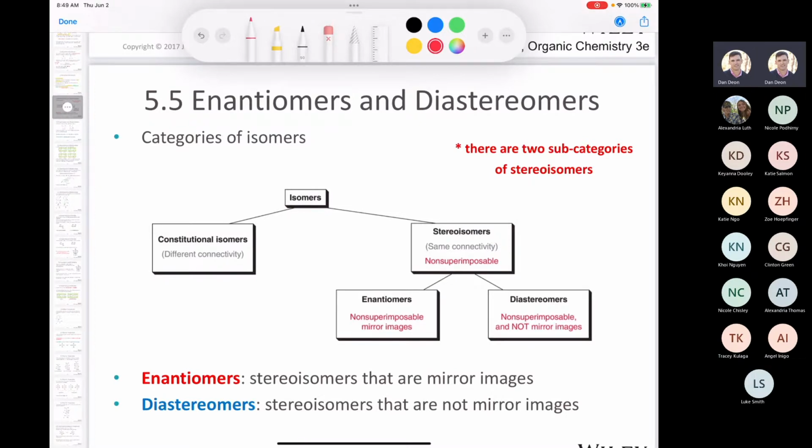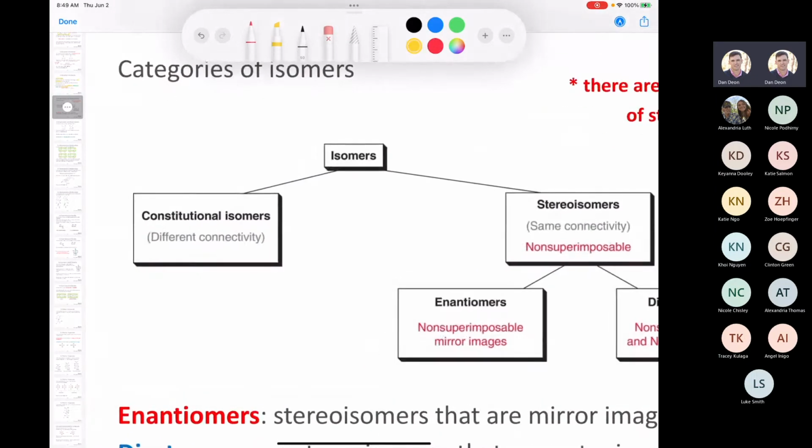Section 5.5 deals with enantiomers and diastereomers. So if we look at categories of isomers, where we started the chapter was here. We said, okay, you can have constitutional isomers. That's compounds that have different connectivities. I gave you ethanol and dimethyl ether as my example.